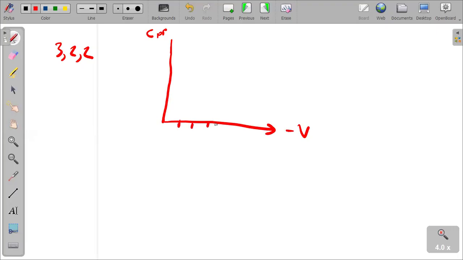This is what we're having there. So this is -2, -4, -6, -8, -10, -12, and -14, right? And then here we have that's 20, that's 40, that's 60.